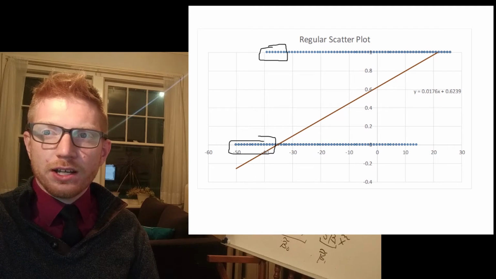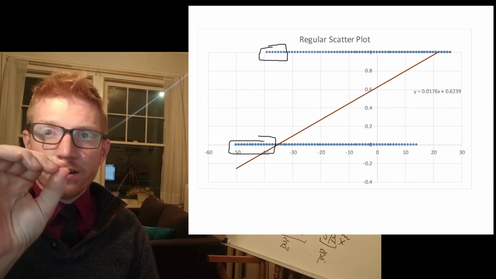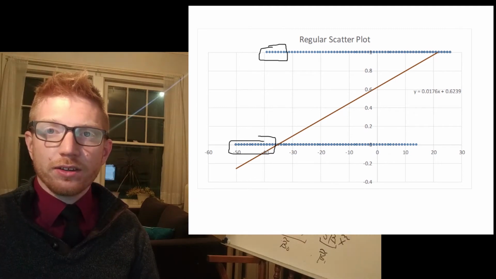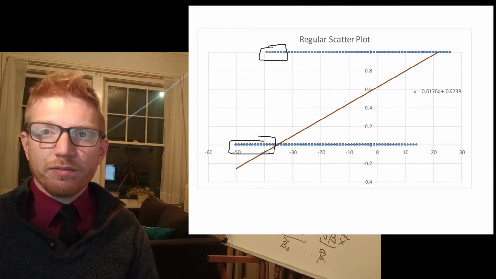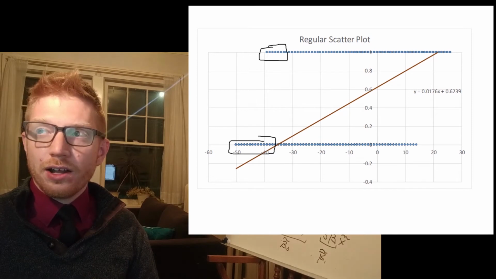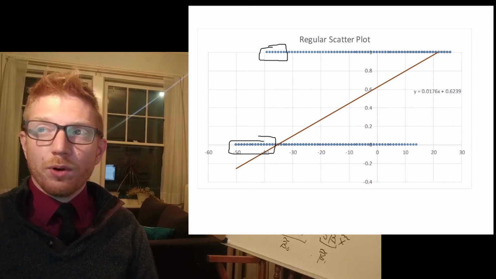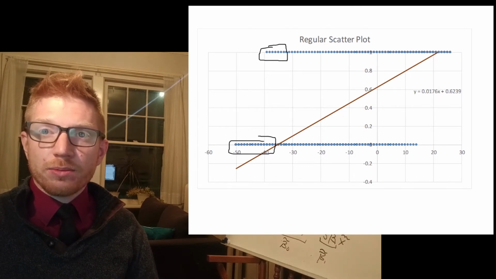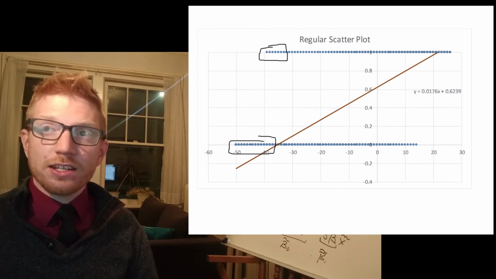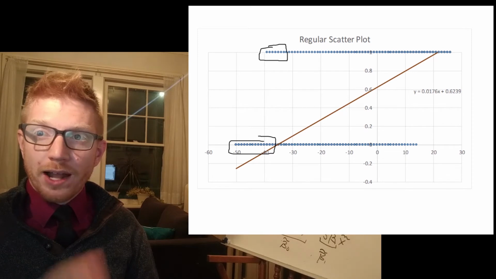That's because the dots are stacking right on top of each other. As a note for your final project, when you have a binary variable and you're trying to scatter, doing a regular scatter plot does not show what you're interested in seeing in terms of the densities around those points.